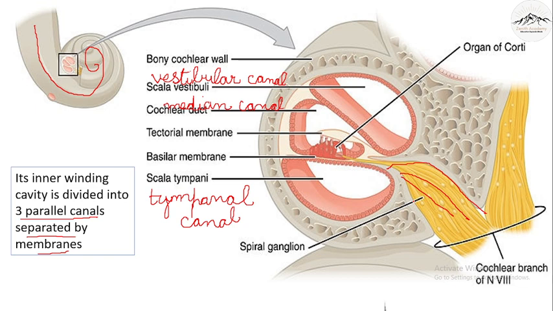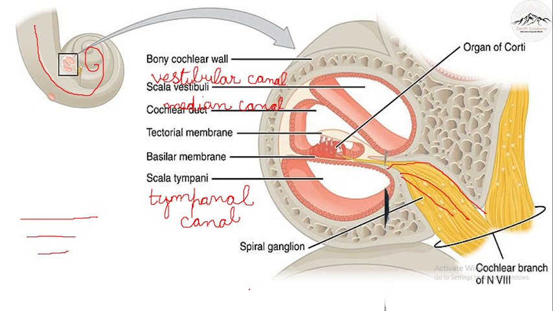And there is this membrane. I'll talk about the basilar membrane and tectorial membrane later on. And there is the organ of Corti, which includes the sensory hair cells. Can you see this organ of Corti here? So what it is, I'll talk to you about this.